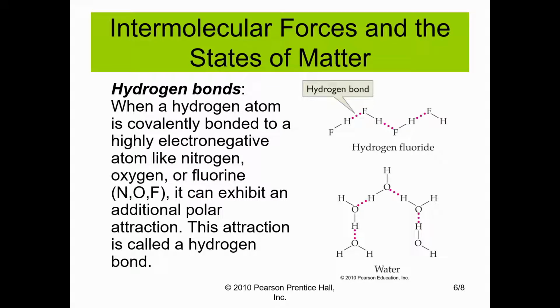When a hydrogen atom is covalently bound to a highly electronegative atom, most commonly nitrogen and oxygen, it can exhibit an additional polar attraction. You can see in this example we have a variety of different water molecules, and the lone pairs on one oxygen are going to be attracted to the hydrogen of a different molecule. So each water molecule has two lone pairs and it has two hydrogens, meaning it can participate in a total of 4 hydrogen bonds.